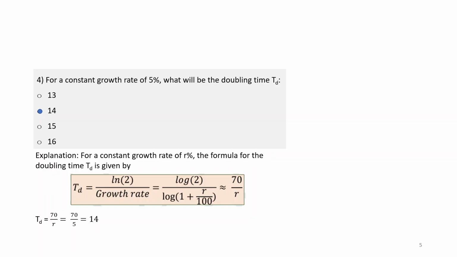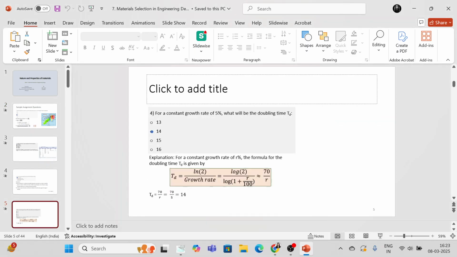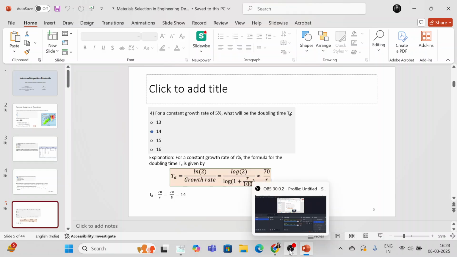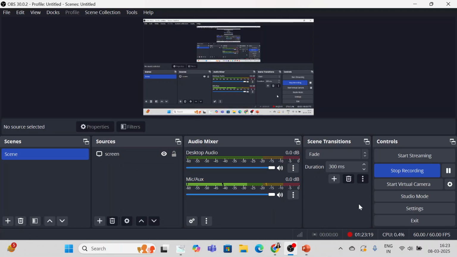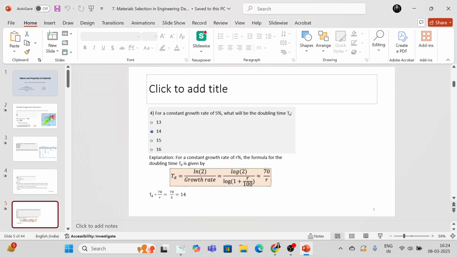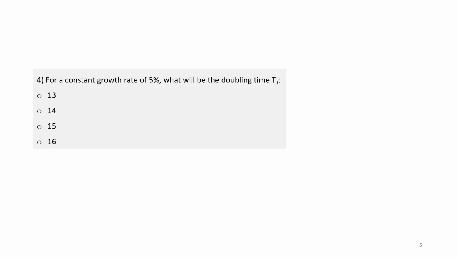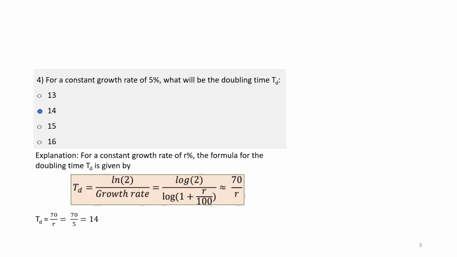So it can be approximated as 70 upon R. Okay, and here R is given as 5. So you have to just divide 70 by 5 and you'll get 14 years as the correct answer.